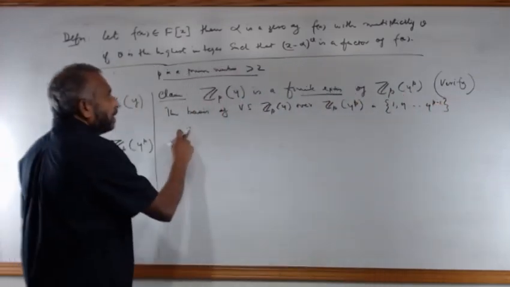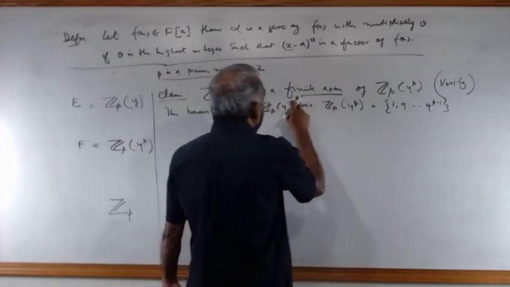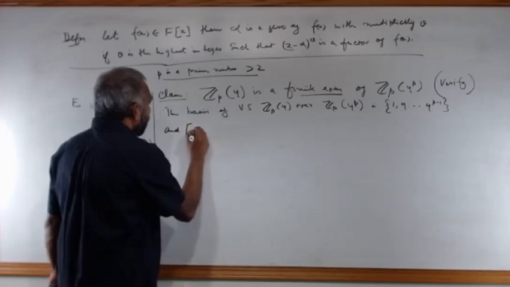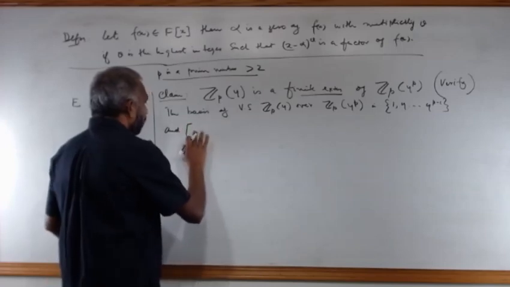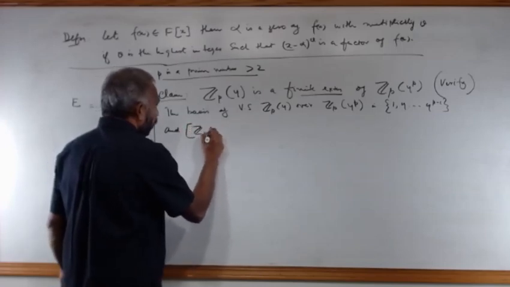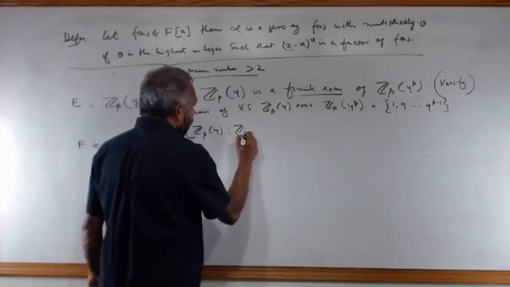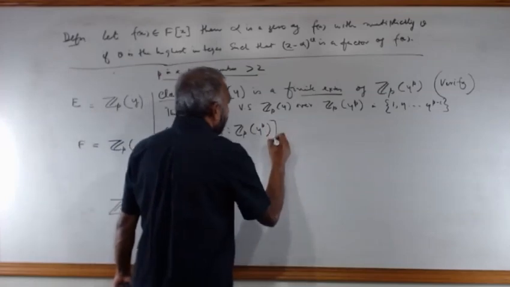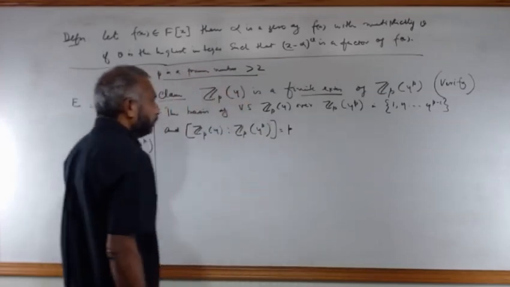That is why it's a finite extension, and the degree of Z_p(y) over Z_p(y^p) is equal to p.